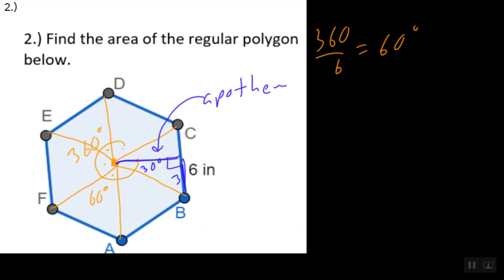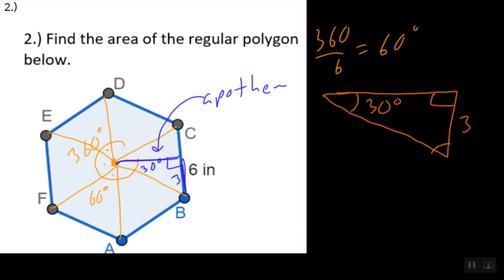So over here to the right, I'm going to draw the triangle that I've just created. I'll draw it a little bit differently than we typically do. Where this side is 3 and our angle is 30 degrees, which means, by the way, if this is 30 and 90, this one has to be 60. It's actually our right triangle.